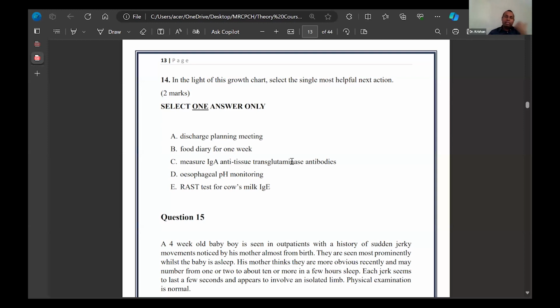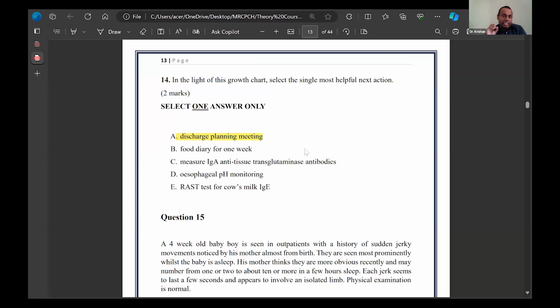If they say, no, it doesn't look like anything to do with social, we need to have more monitoring, some more days of monitoring with a diet plan or food diary, you can do that, but the next thing to do is discharge planning. I know that to answer this question, knowing theory might not be enough. We need to know how things are managed in the UK, not other countries, UK.